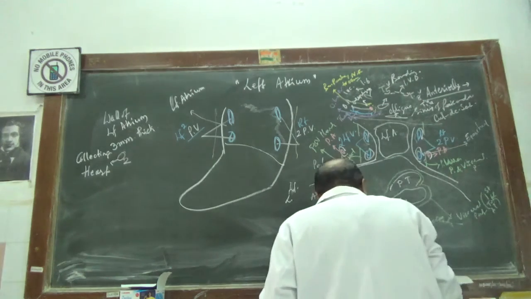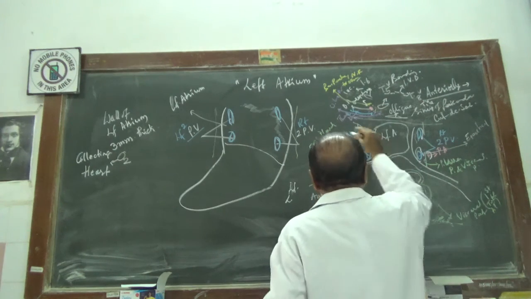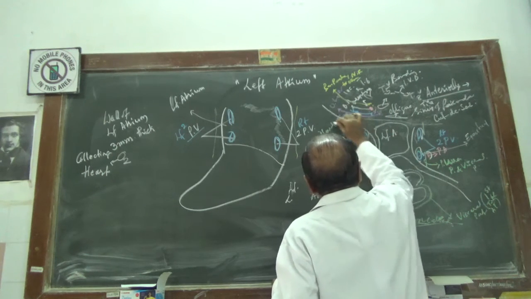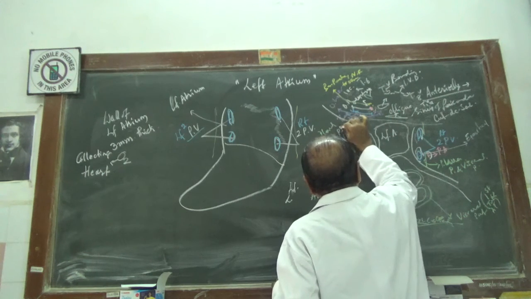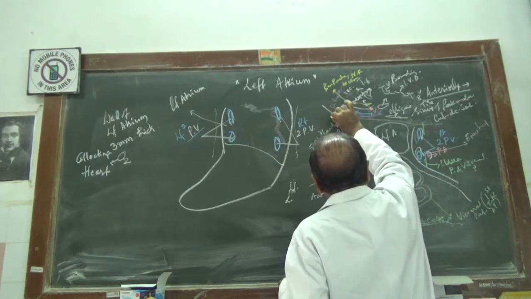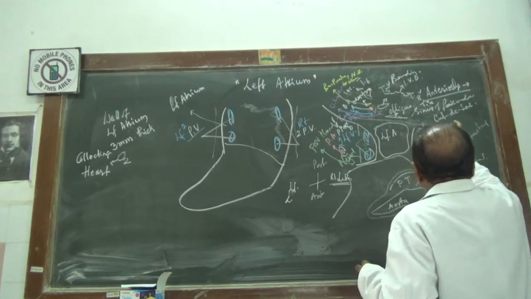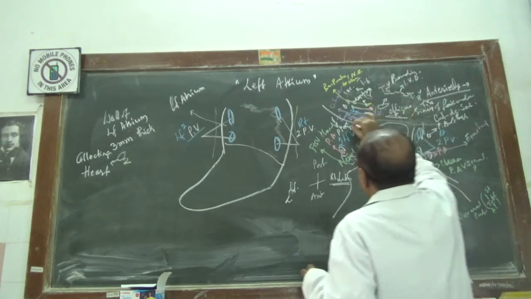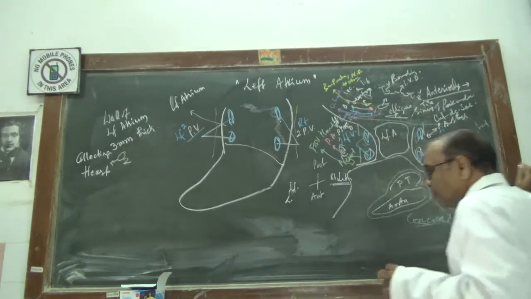Then you have got the principal bronchus of right and principal bronchus of left.